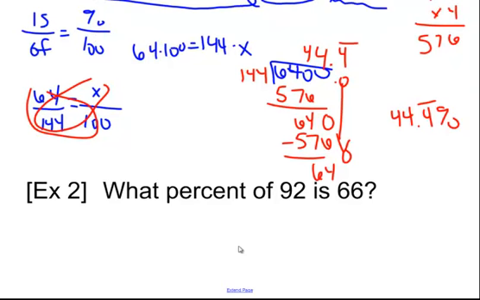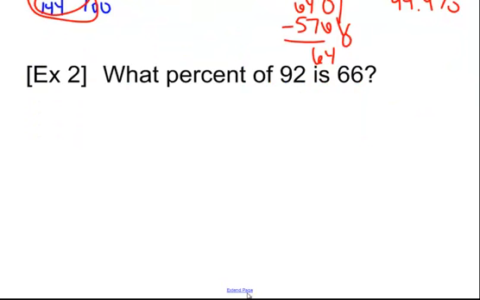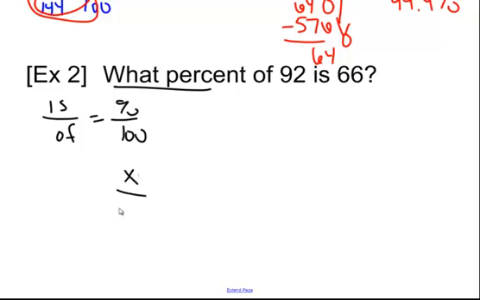Okay, number 2. What percent of 92 is 66? So, again, is over of equals percent over 100. Again, what percent? When it's what percent, we put an x there, and it's always over 100.